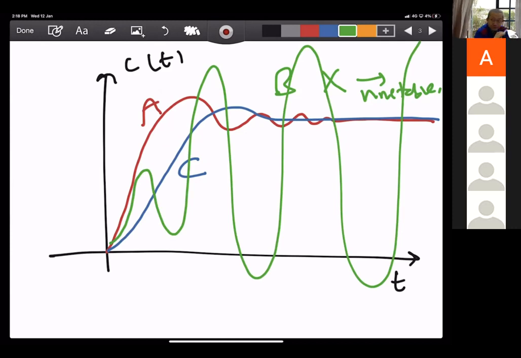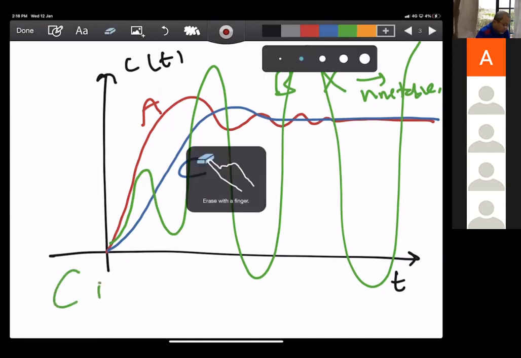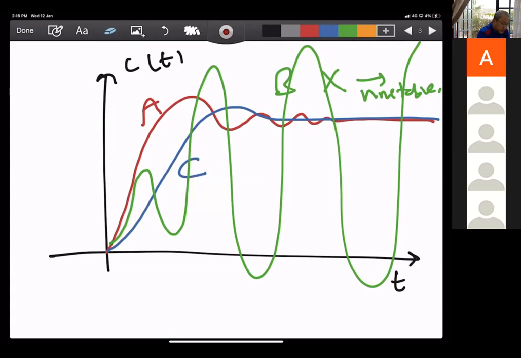Nabil, which one is better? A, B, or C? C. Why? Because... That's right. C, sorry. Continue. C is better.